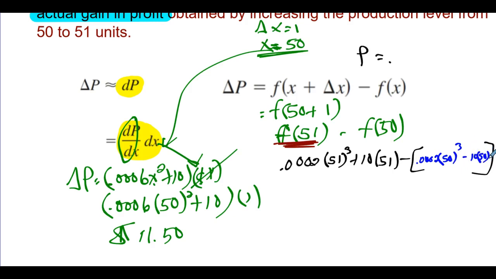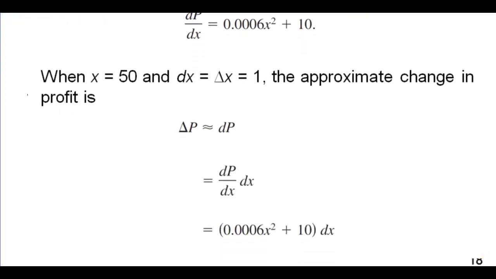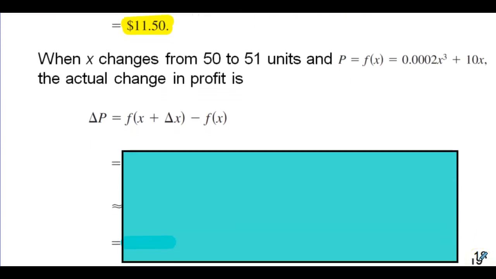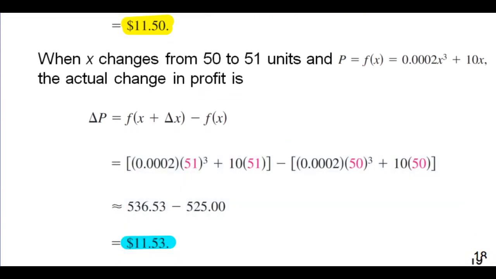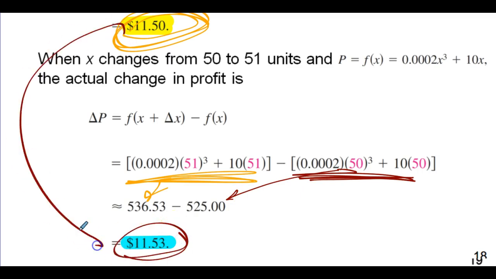And again, we'll crunch that, and hopefully we'll get something very similar. Here's the 1150 that we had before. I didn't do the number crunching, but it looks like this term is 536.53, and then this term is 525, and when you subtract, you get 1153. And again, you can see that's a good approximation.